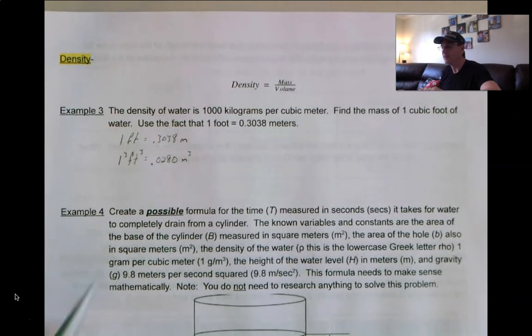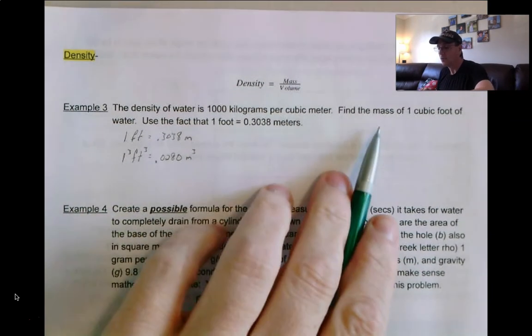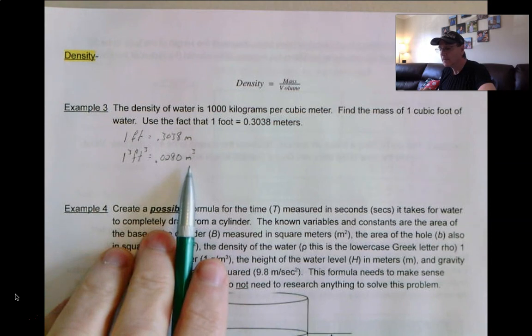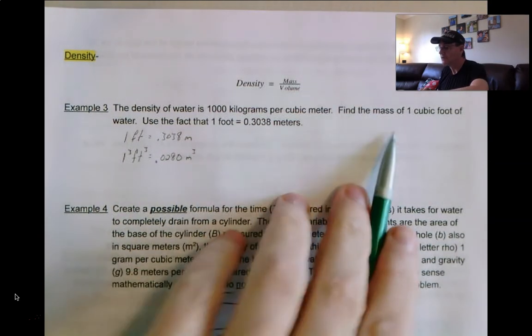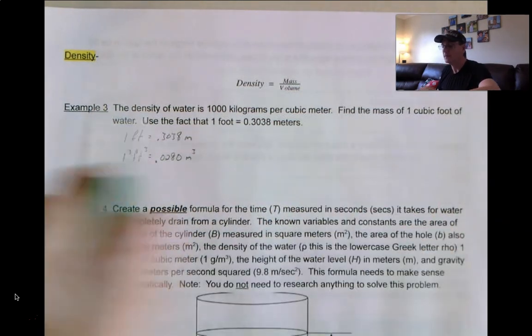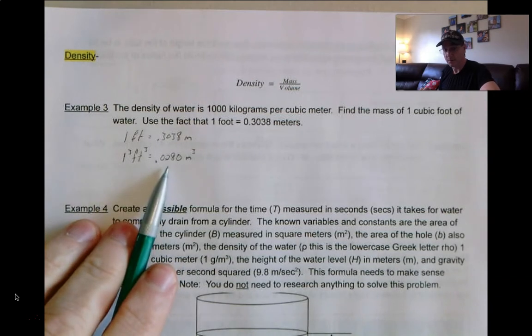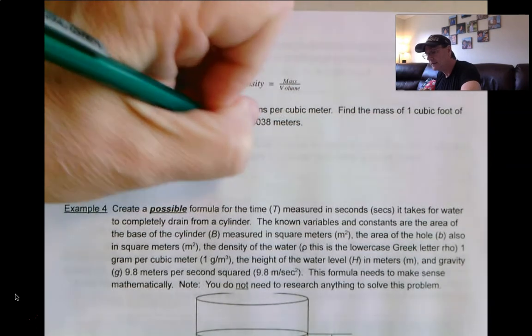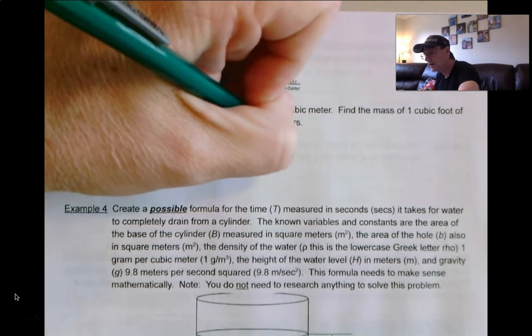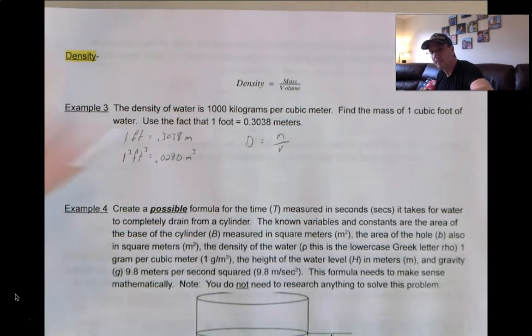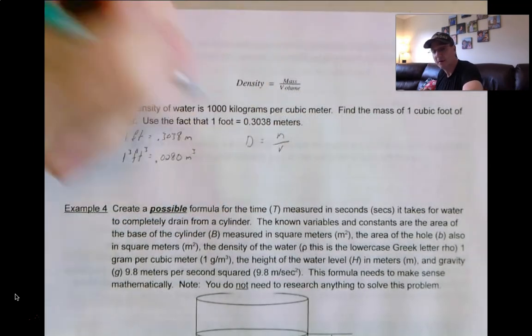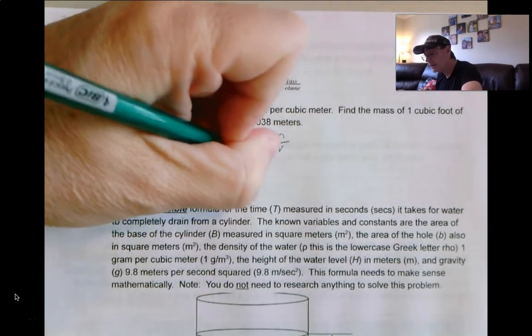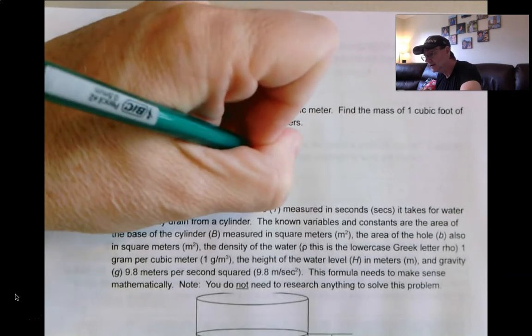We want to find the mass of 1 cubic foot, which is this many cubic meters. So the density, D, equals M over V, which means that if we multiply both sides by V, M is equal to dV.